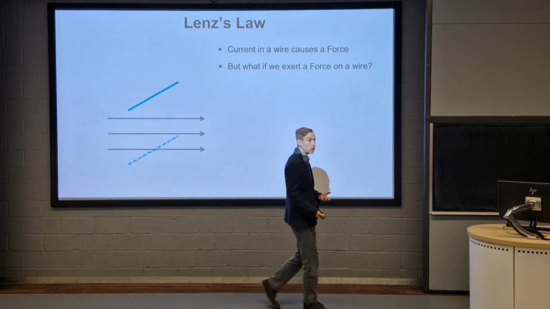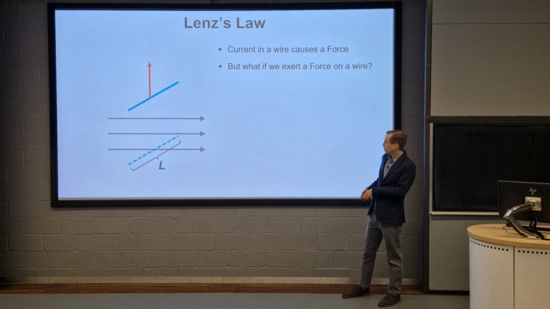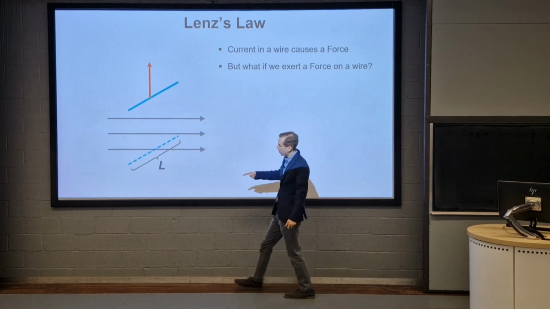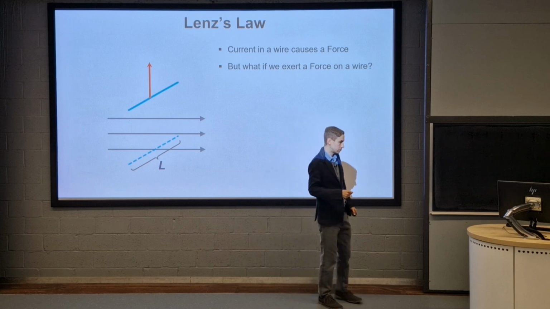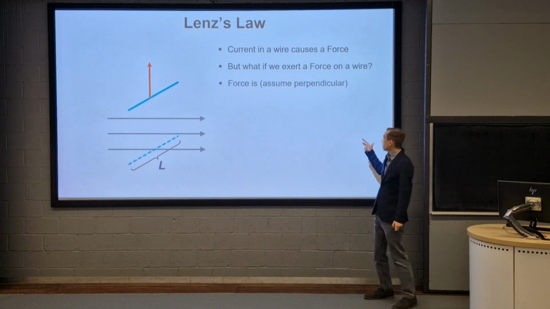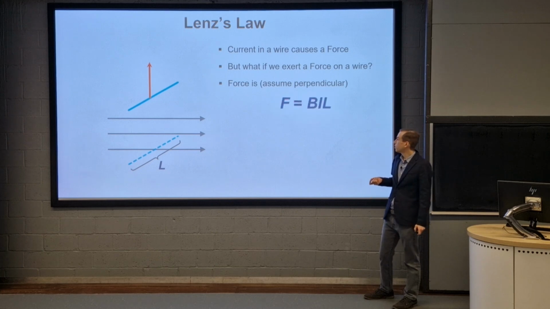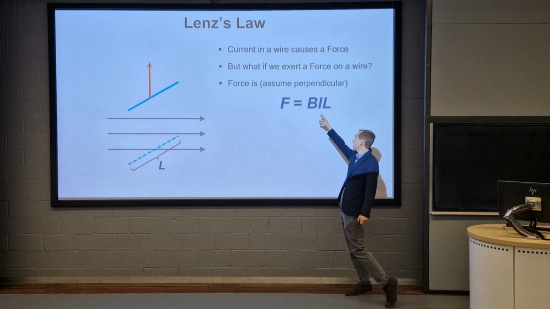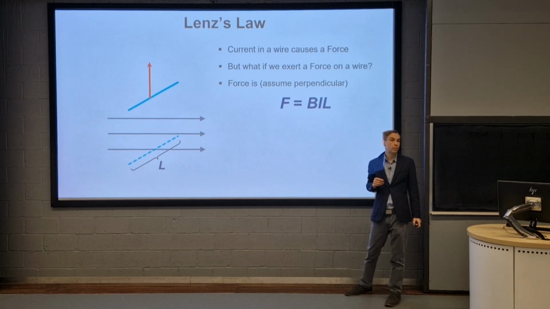Because we've come along and exerted the force on the wire, what we actually get is that we've generated the current. So if we think, okay, this wire has some length L, and we assume that our force is perpendicular to the magnetic field, then the force we exert is just this BIL that we saw last week.